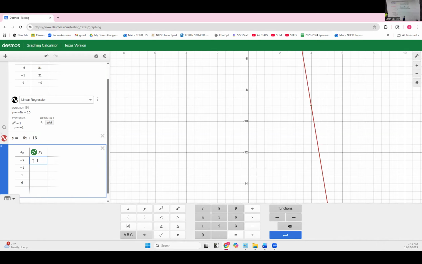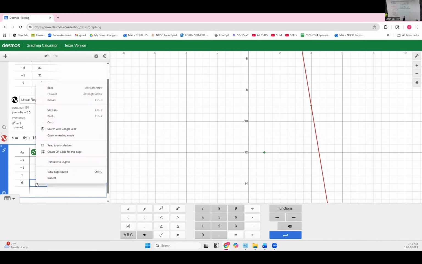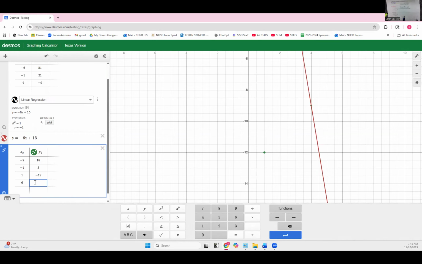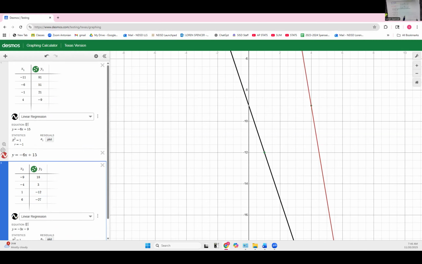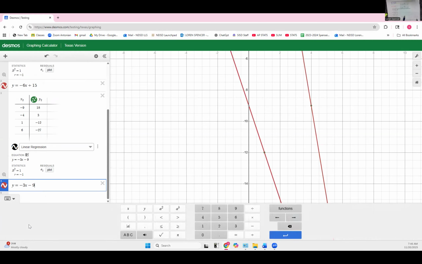And then over here we have 18, 3, -12, and we have -27. And we end up getting the equation y equals -3x minus 9 for our second one. All right, I've written those both down.